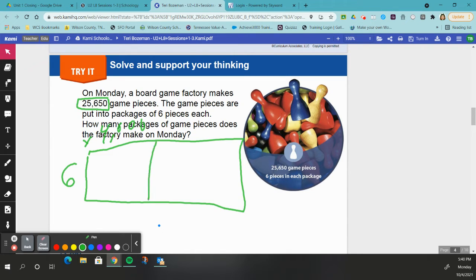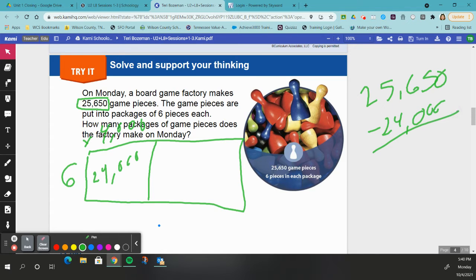That would be 24,000. So then I would come over here to the side and I would say, okay, minus 24,000, right? That would be 1,650. All right. And we would basically be doing the same thing that we did with partial product, but we're working it in boxes instead.